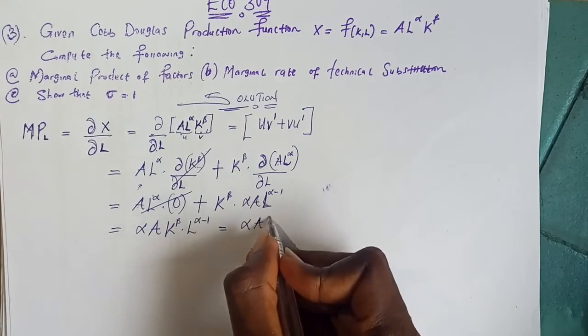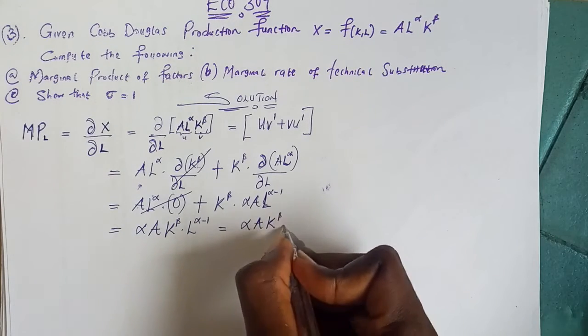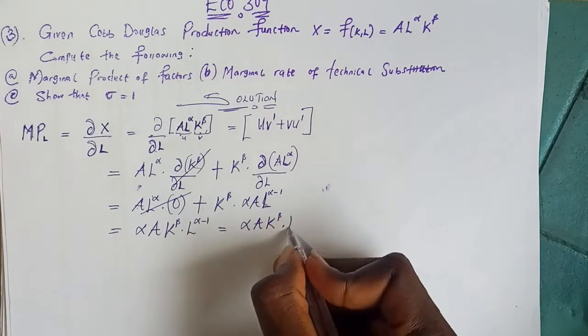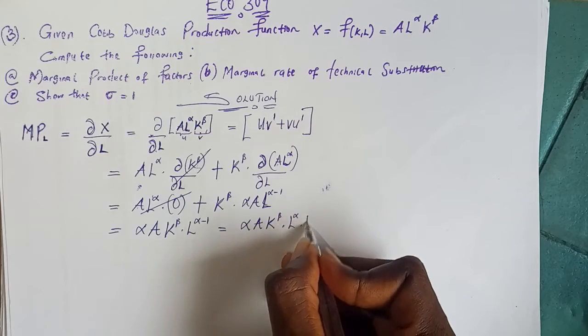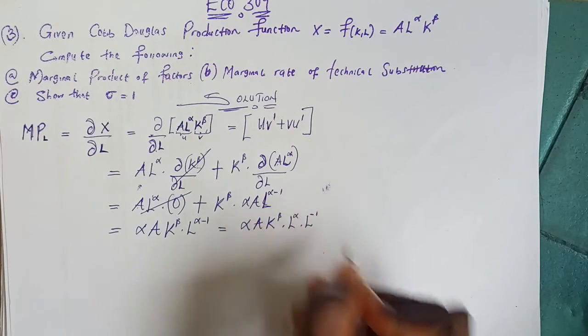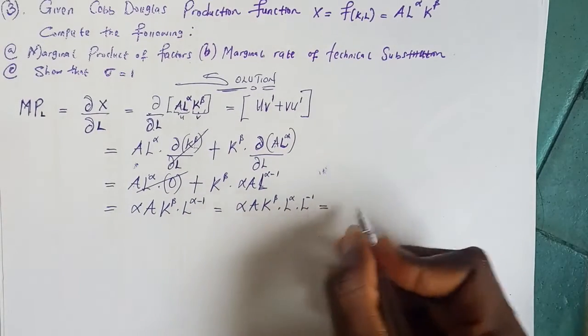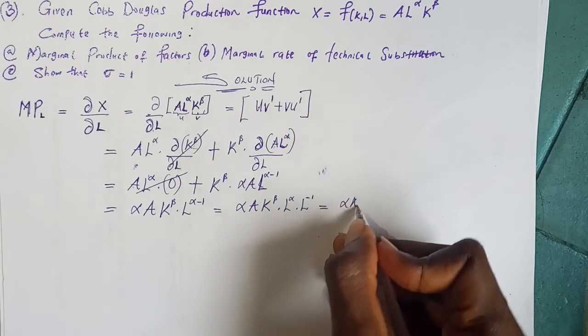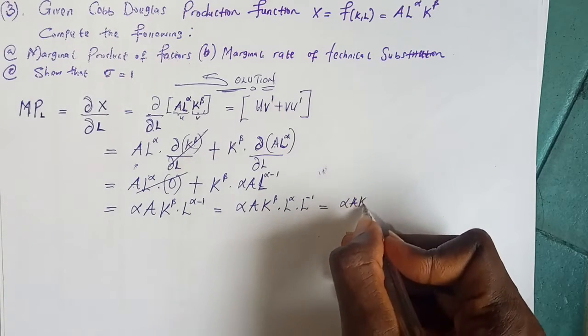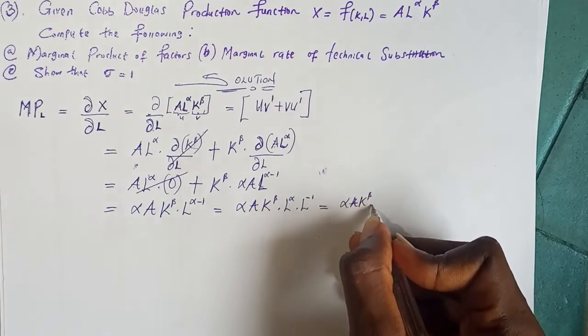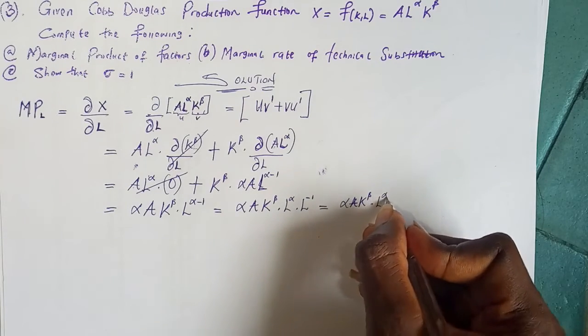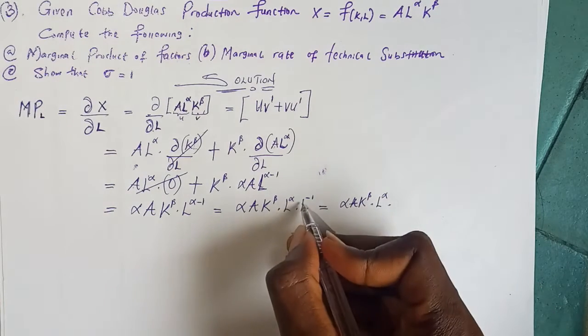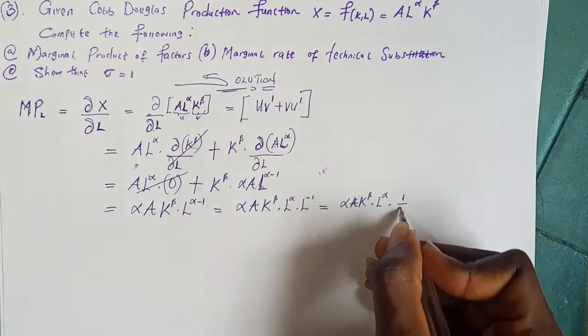We can write this as alpha A K raised to the power of beta, times L raised to the power of alpha times L raised to the power of minus 1. L raised to the power of negative 1 is 1 over L. We all agree with that.